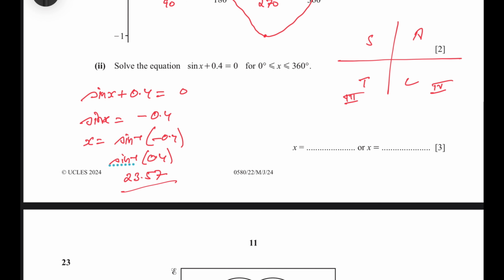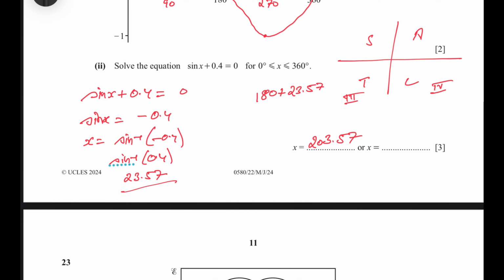Now what do you do for the third quadrant? Sine is negative, so it should be in the third or the fourth quadrant. For the third quadrant you do 180 plus 23.57, which is 203.57.